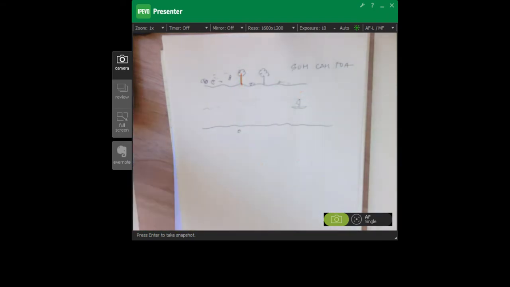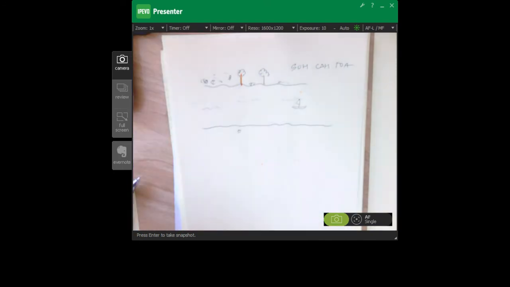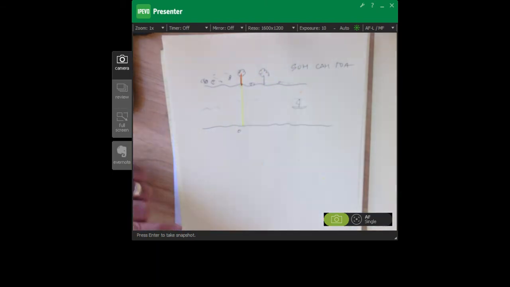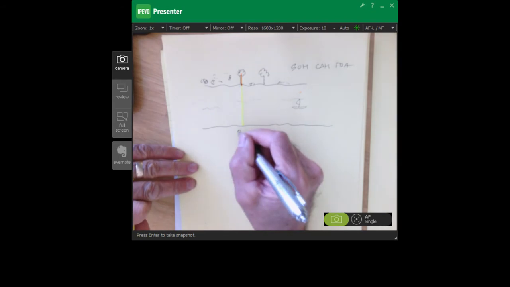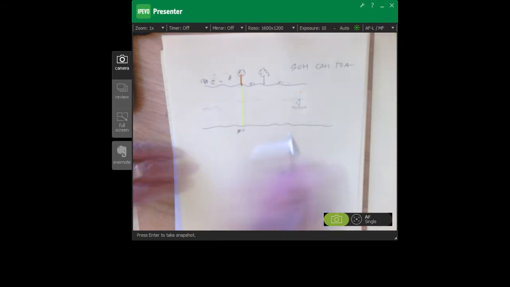Okay, so that means I'm going to start off by drawing a triangle. I want to go straight across the river. So I'm going to move from here to here. So I'm not going to stand there anymore, I'm going to stand there.